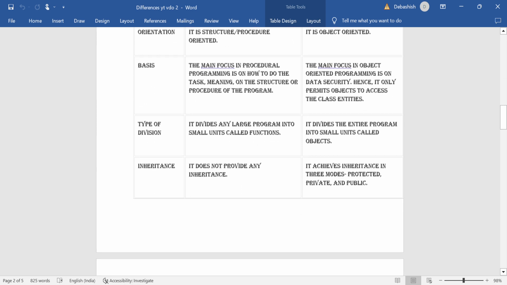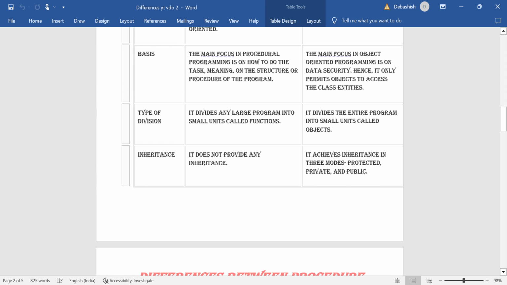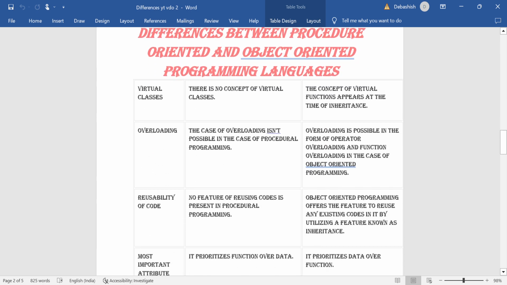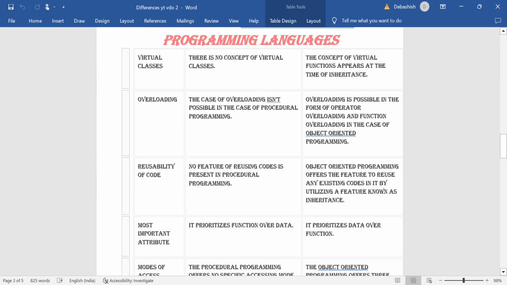Procedural programming does not provide any inheritance, while object-oriented programming achieves inheritance in three modes: protected, private, and public. There is no concept of virtual functions in procedural programming, while there is a concept of virtual functions, which appears at the time of inheritance in object-oriented programming. Overloading.